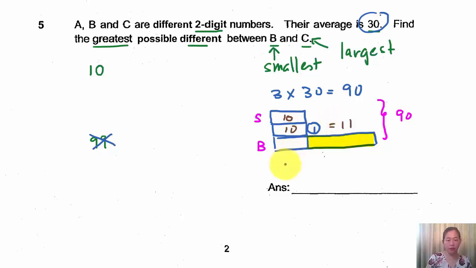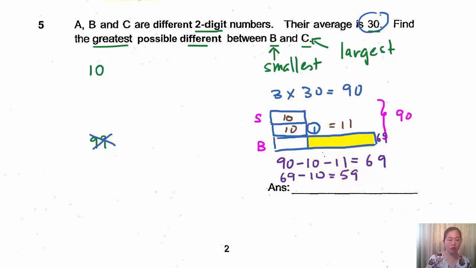So to find the biggest number, we use 90 minus 10 minus 11, which is actually equal to 69. So since this number is 69 and the smallest number is 10, the difference will be 69 minus 10, and it will be 59.